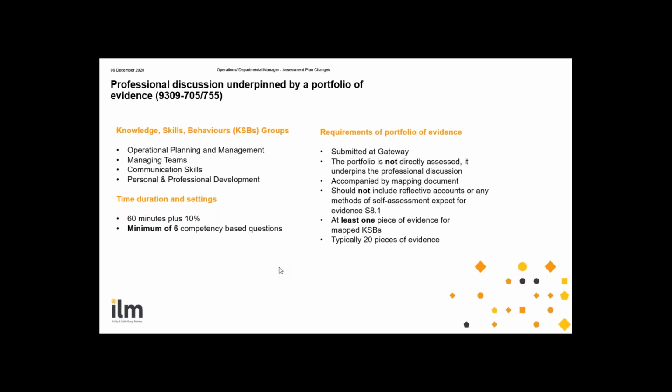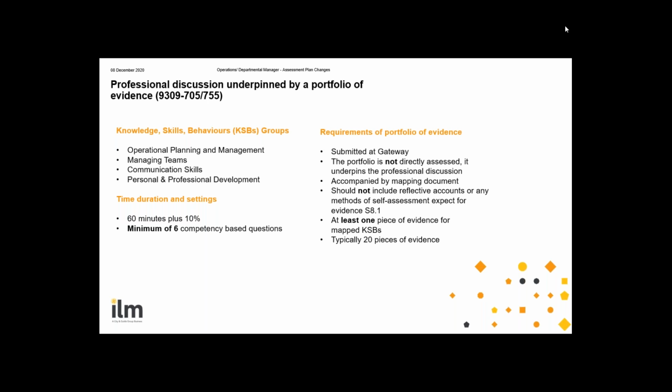Obviously, it's important that each piece of evidence covers as many criteria as possible to be holistic in its nature. That's how we call it, holistic nature, because of course we have a restriction in terms of the size of this portfolio. The recommendation is that it should be typically 20 pieces of evidence.